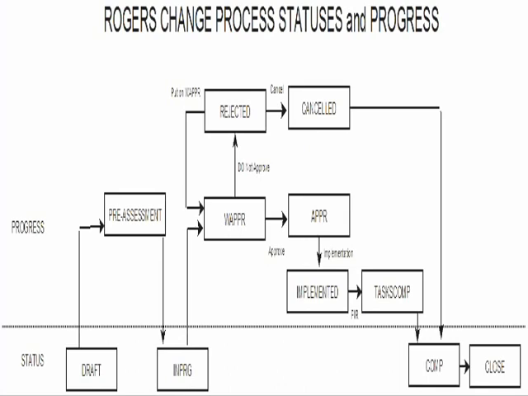Before I walk you through this whole state diagram, there are two important things I want you to keep in mind. The first is the status, and the second is the progress.